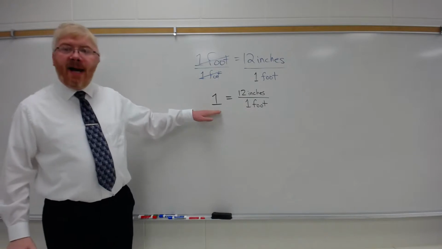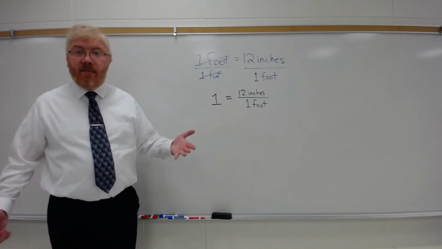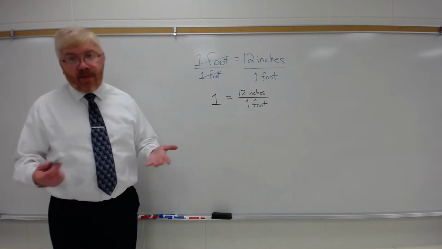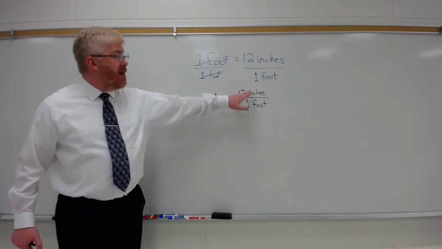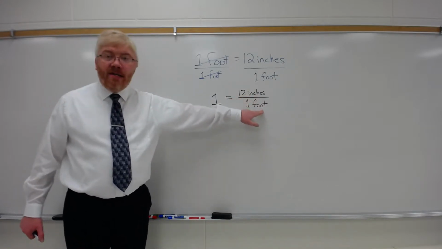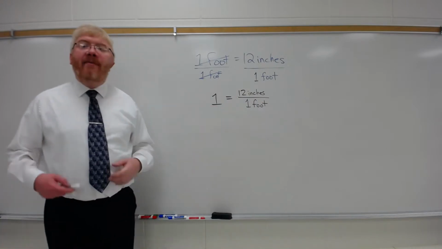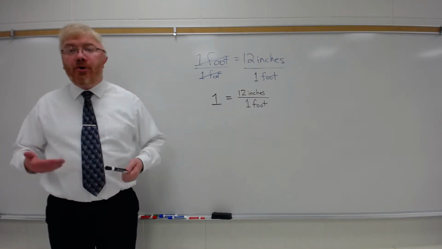Now, note that this is not saying 1 is equal to 12 over 1. 12 over 1 is the number 12. 1 is not equal to 12. That's incorrect. But the fact that 12 inches is the same measurement as 1 foot means that this ratio is equal to 1. And if you multiply a number by 1, you don't change it.